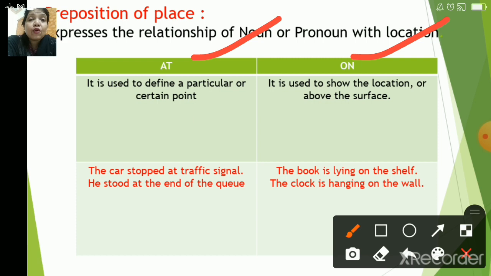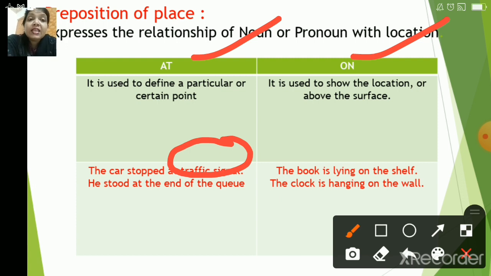Okay. Now, for example, the car stopped at traffic signal. Now, this particular car has stopped at a particular signal, and what is that signal? It's a traffic signal. So it is telling us a certain point, a particular point is being specified, children, and that is the reason we have to use at over here.